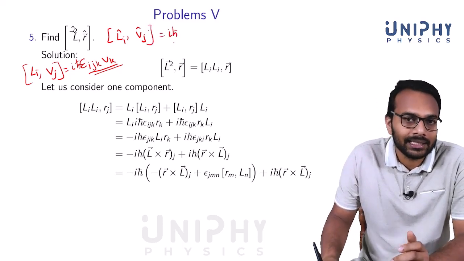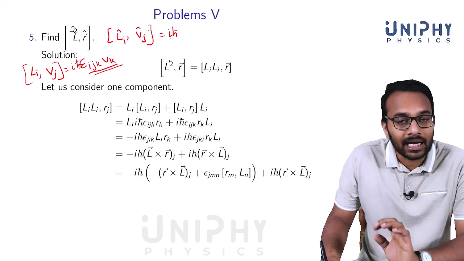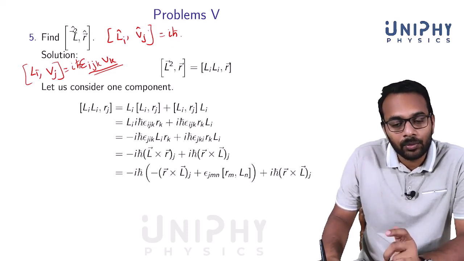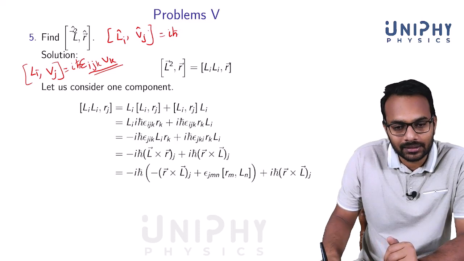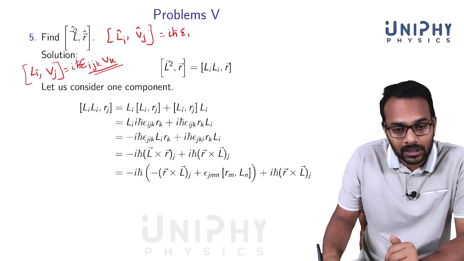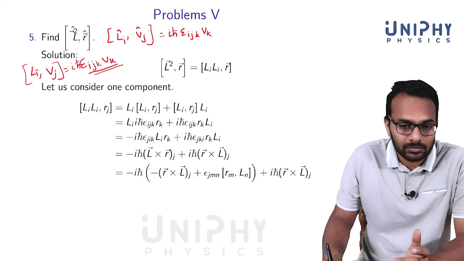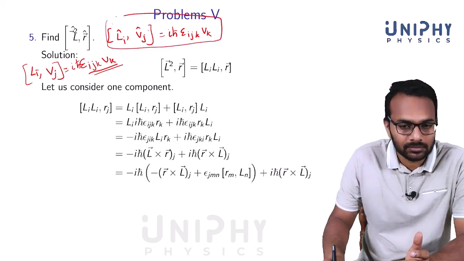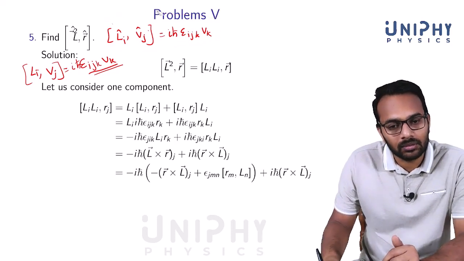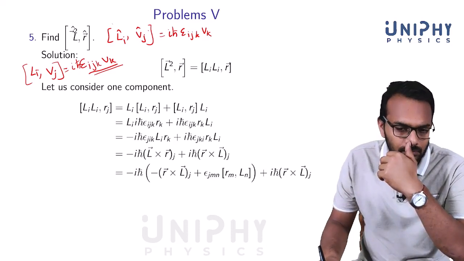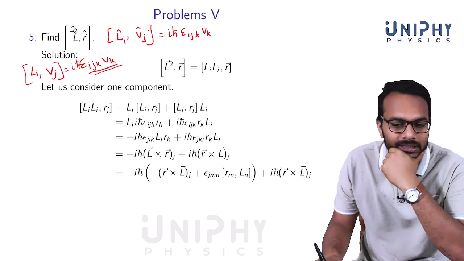There's an extra i h cross from quantum mechanical things. Otherwise, it's exactly the same as the Poisson bracket relation. You have to remember this. This is something that we'll be using in this problem.